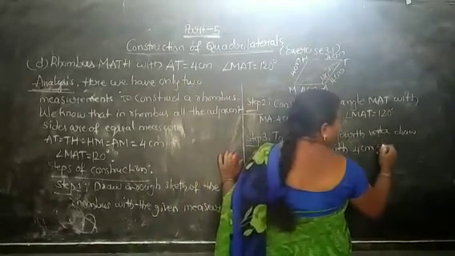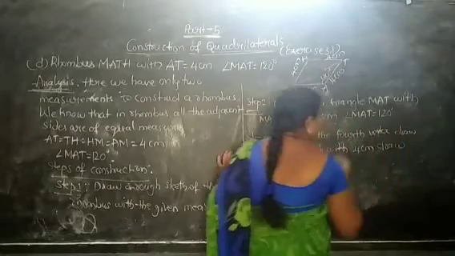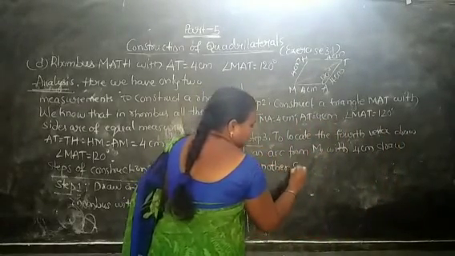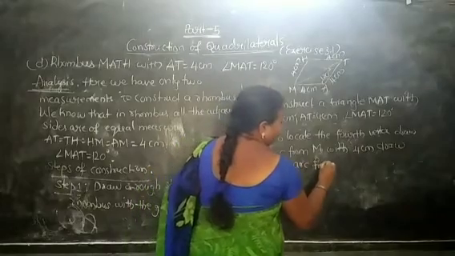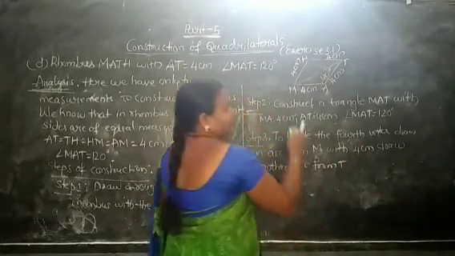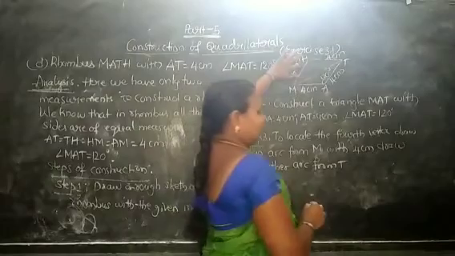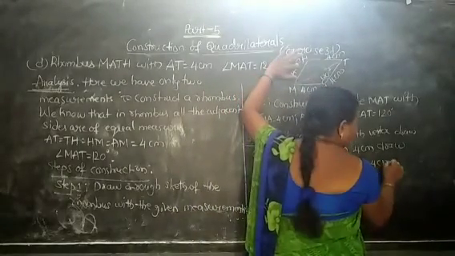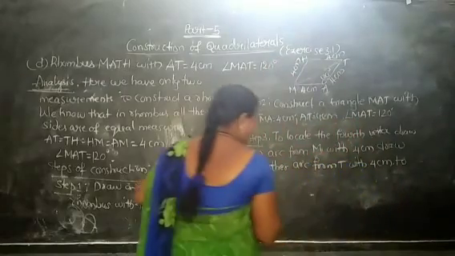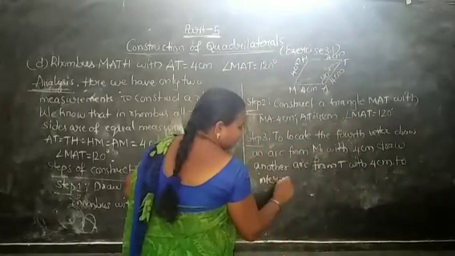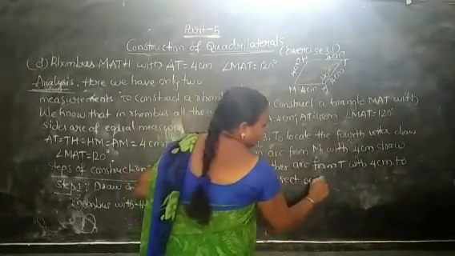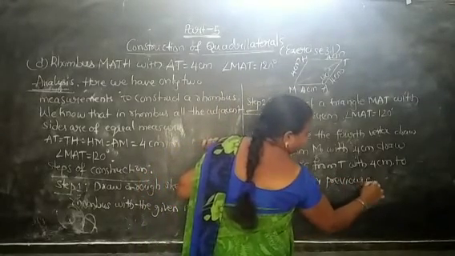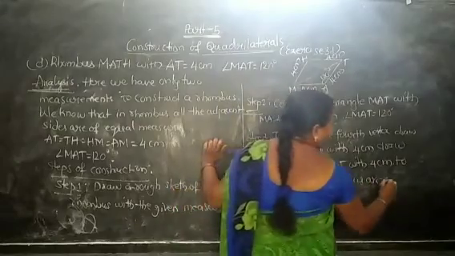Draw another arc from T with 4 centimeters, to intersect our previous arc at H.